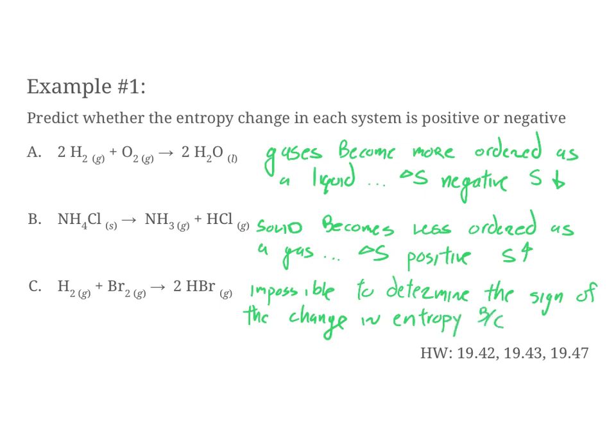Because I have 1 mole of reactant hydrogen and 1 mole of reactant bromine and 2 moles of product, and they both happen to be gases, I can't determine what happened to the actual number of gas molecules. So because there's 1 mole of each reactant and 2 moles of product, we cannot predict the sign of the change in entropy.